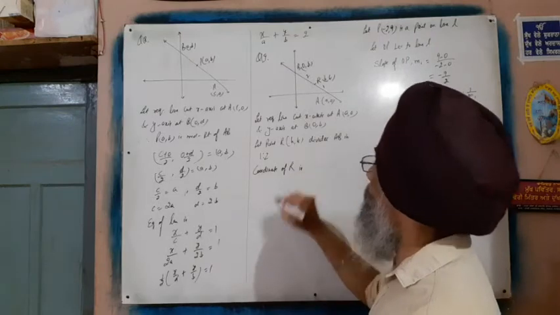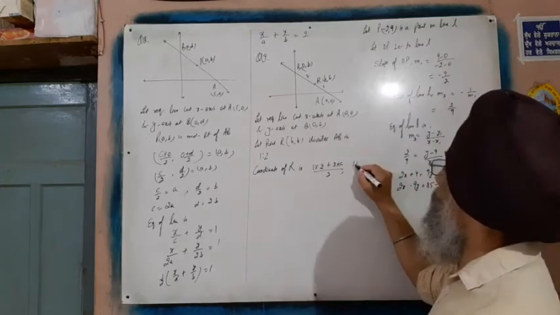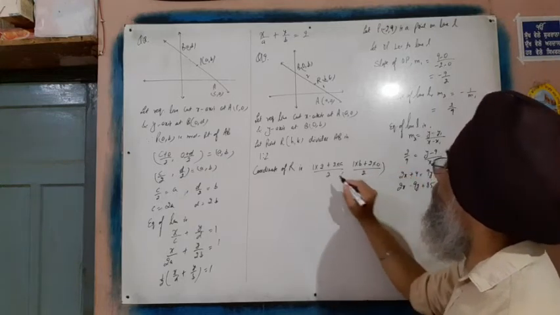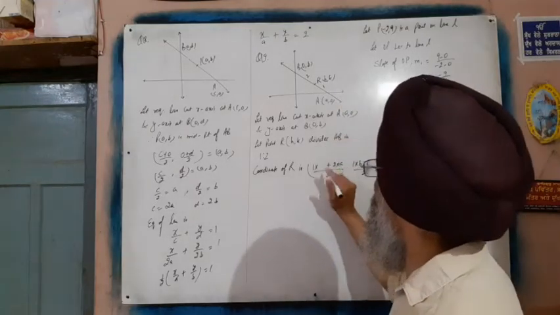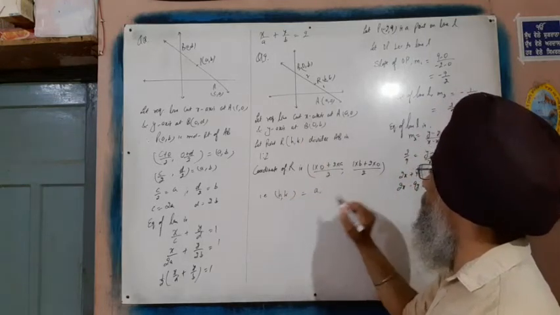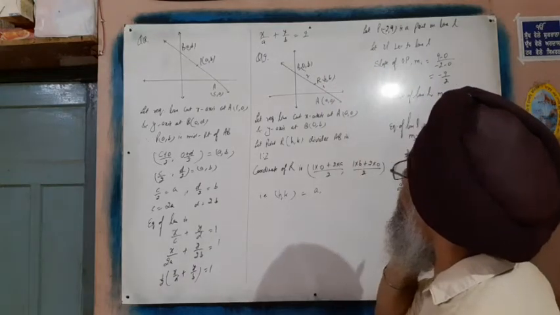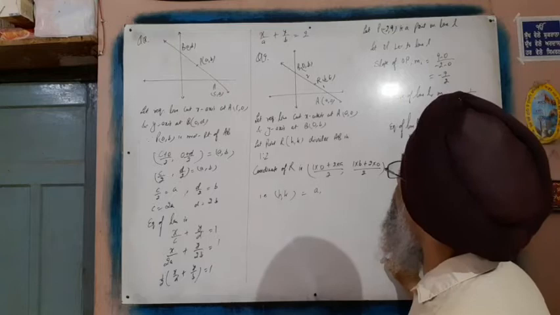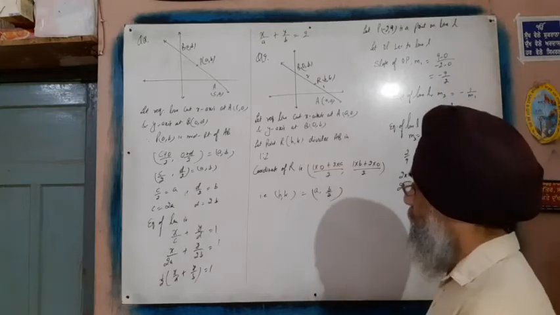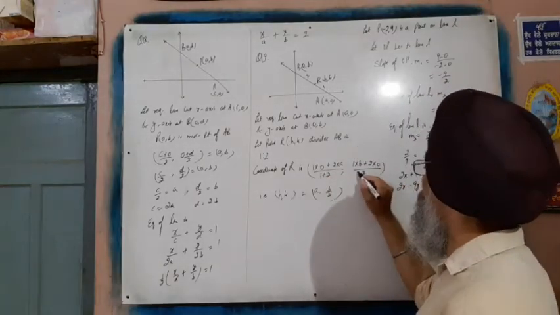So the coordinates of R are (mx2 plus nx1) upon (m plus n), that is 1 into 0 plus 2 into a, and 1 into b plus 2 into 0, upon 1 plus 2.